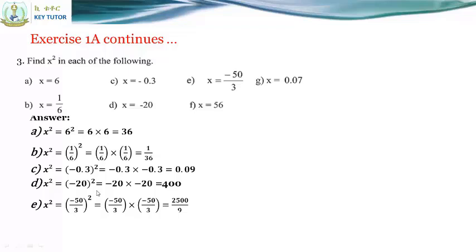Negative 50 over 3 squared is like negative 50 over 3 times negative 50 over 3, which is 2500 over 9. Take 56 squared, 56 times 56, but you can use the previous technique. 56 squared: take the tens digit squared, 5 squared, 25; 2 times the tens digit times the units digit, 5 times 6 is 30, times 2, 60; and then the units digit squared, 36.